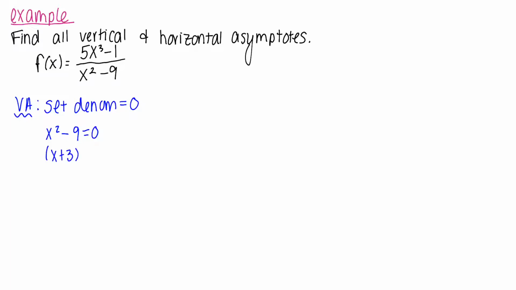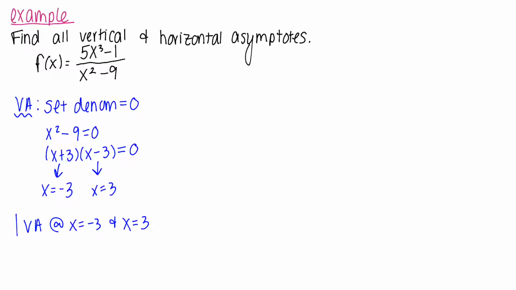So we have x plus 3 times x minus 3 equal to 0. This gives me x equal to negative 3 and x equal to positive 3. So there are vertical asymptotes at x equals negative 3 and x equals positive 3. So sometimes you might have to factor the denominator in order to find those asymptotes.